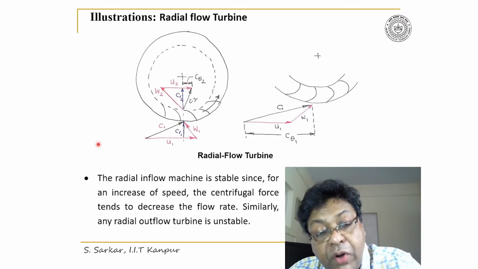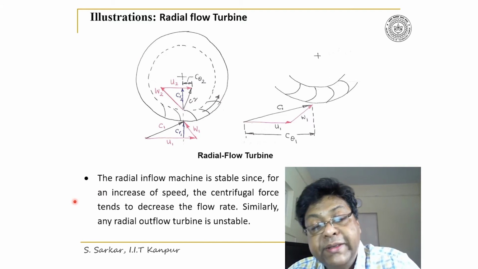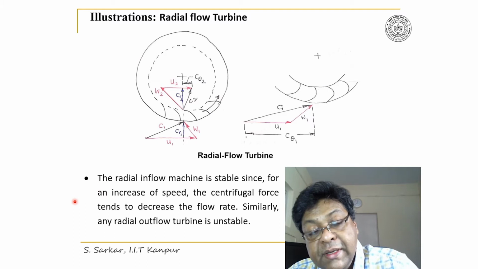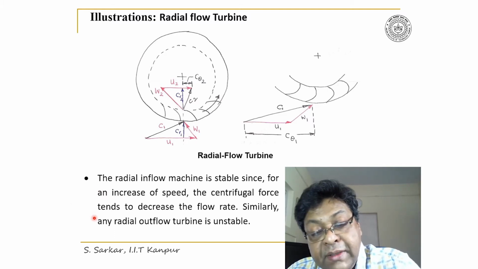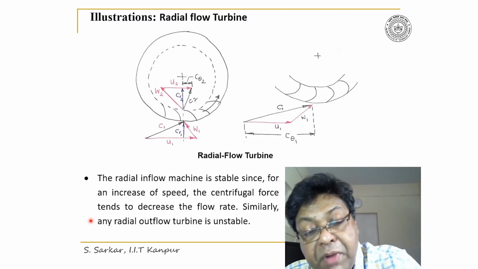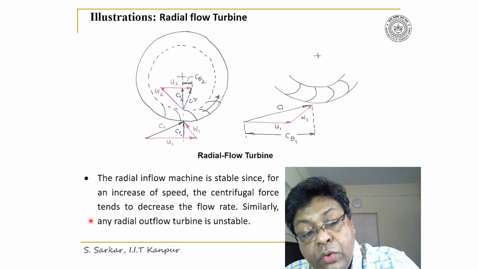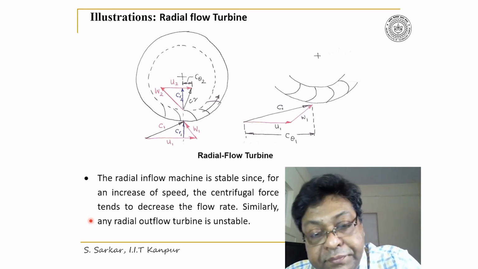Why? Because an increase of speed would tend to increase the centrifugal force, and in turn it will decrease the flow rate. Thus, please remember, an inward flow turbine is a stable machine, while an outer flow turbine is unstable.